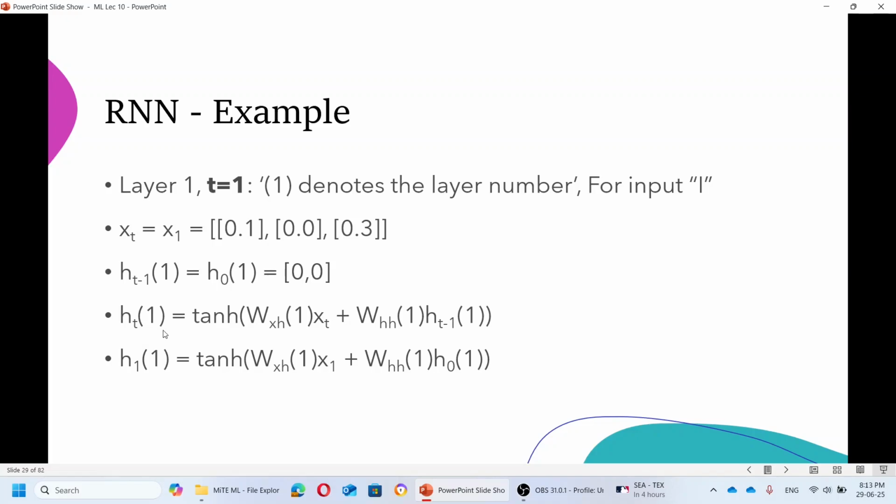And h of t is nothing but tanh of Wxh1 xt plus Whh1 h t minus 1, where 1 denotes the layer.